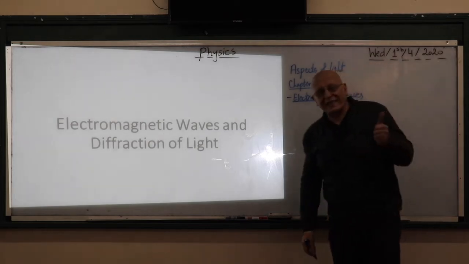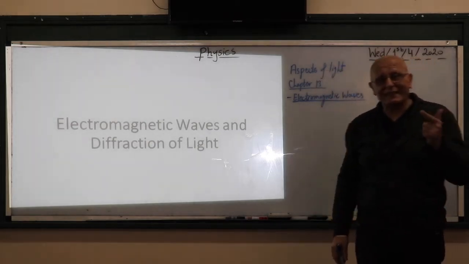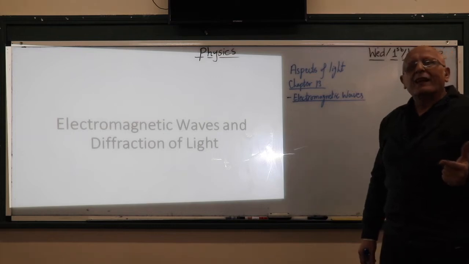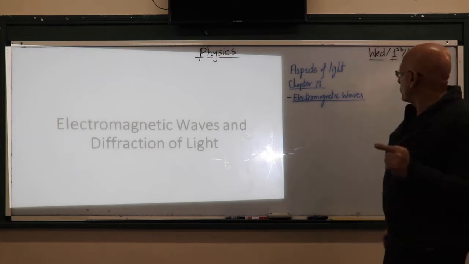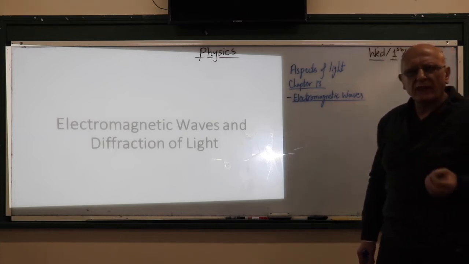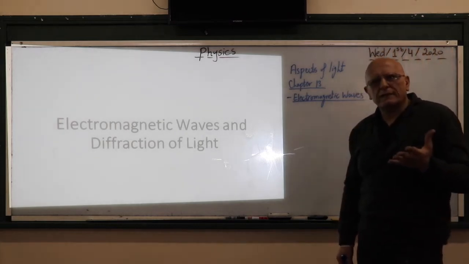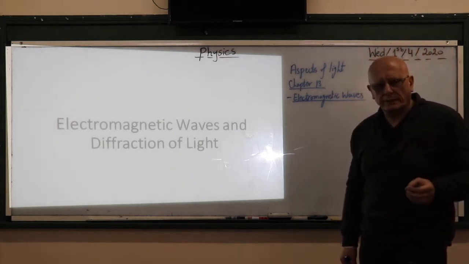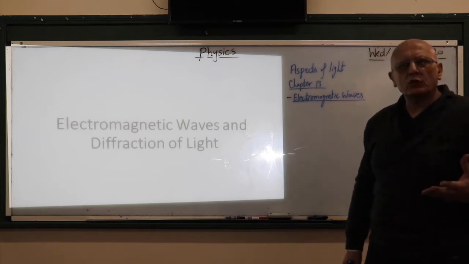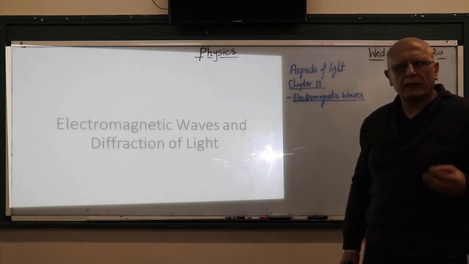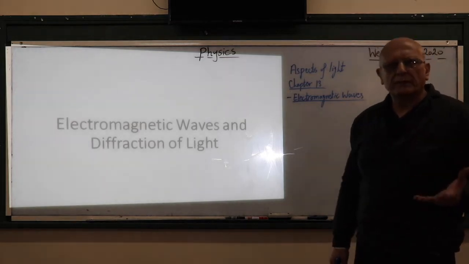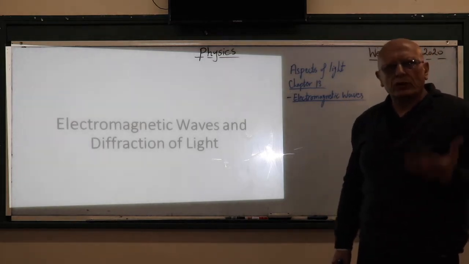In first secondary and second secondary, in addition to electromagnetic waves, you studied mechanical waves. Mechanical waves, what are they? They are waves that need a medium to propagate through, like sound waves, waves in ropes, waves in water.